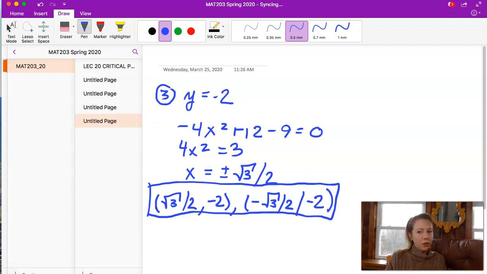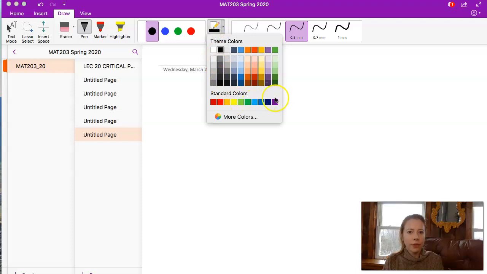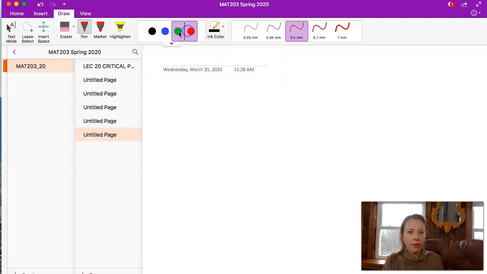And so now we have to do the second order test to determine whether or not these points give us a local min, local max, or saddle. So let's do our test. Bear with me 1 second.